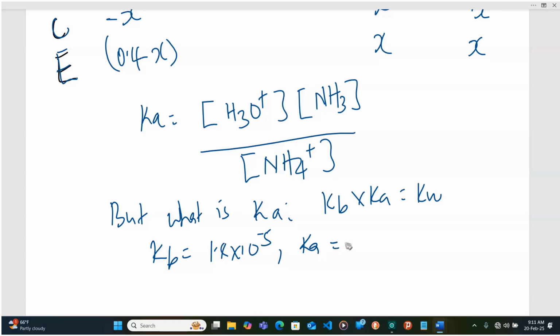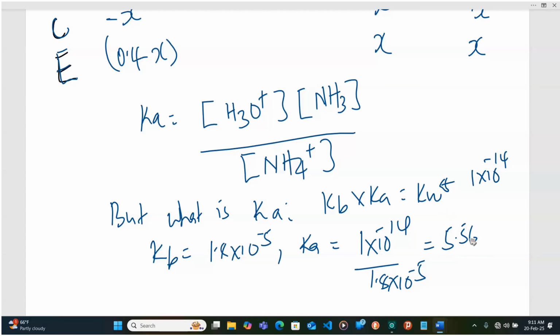What is Ka? And this Kw is 1 times 10 power negative 14 at 25 degrees Celsius. So Ka will equal 1 times 10 power negative 14 divided by Kb, which is 1.8 times 10 power negative 5. This is giving me 5.56 times 10 to the power negative 10.